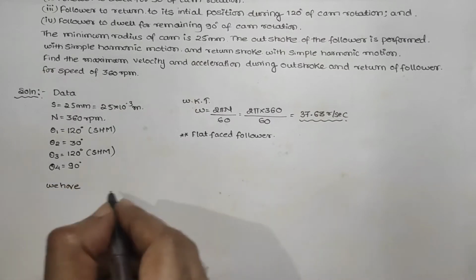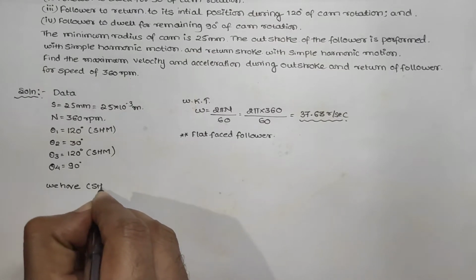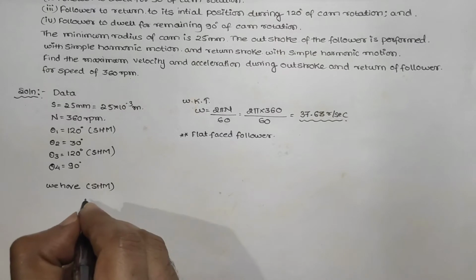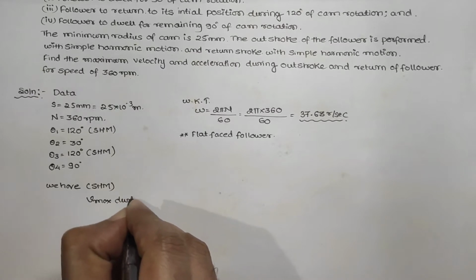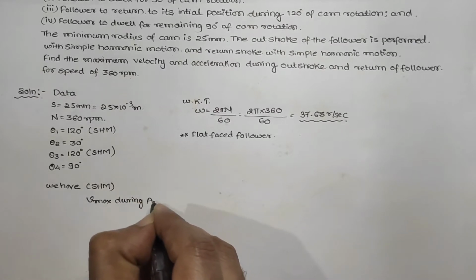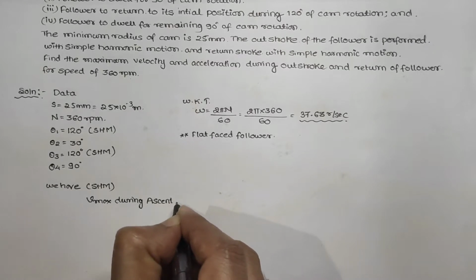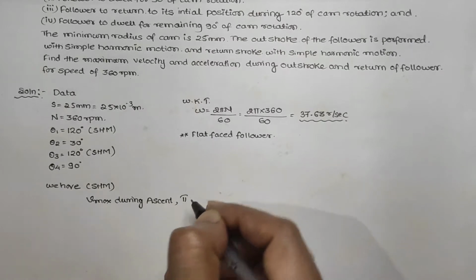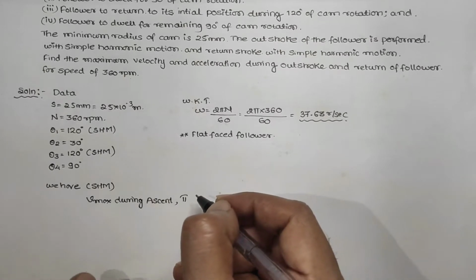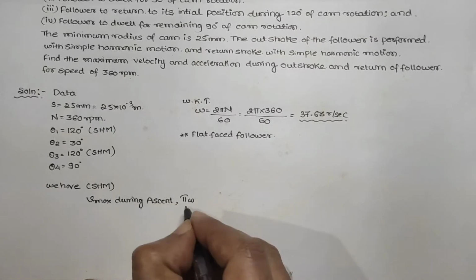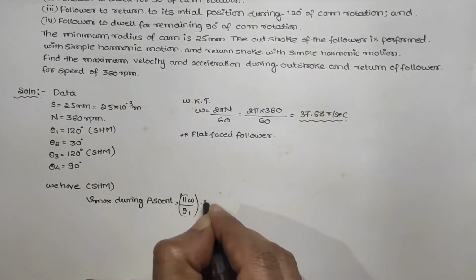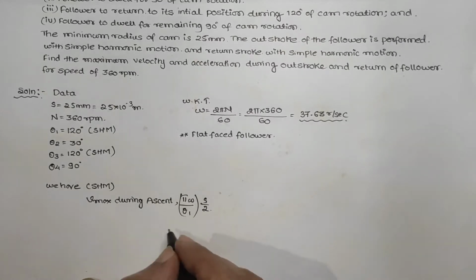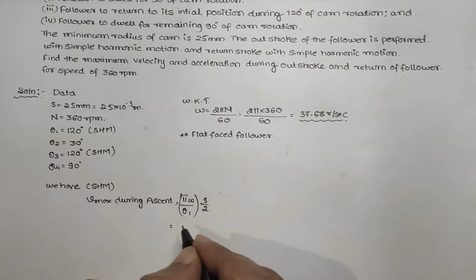We have SHM. Vmax during ascent or during rise also, that is pi omega divided by theta 1 into S divided by 2, that is equal to, we have already substituted and we have found out the value.